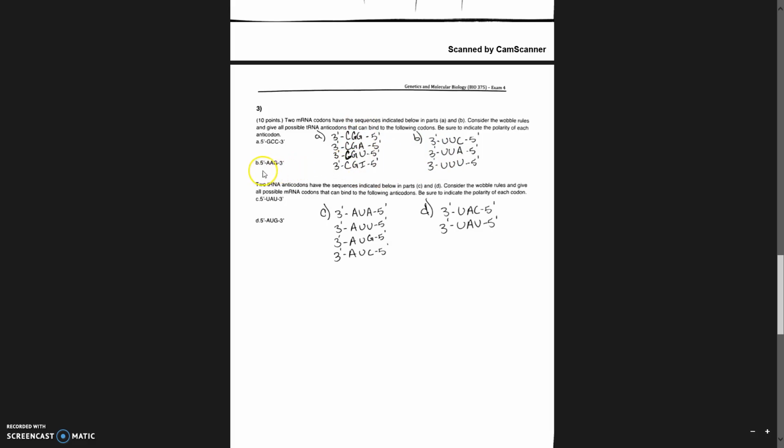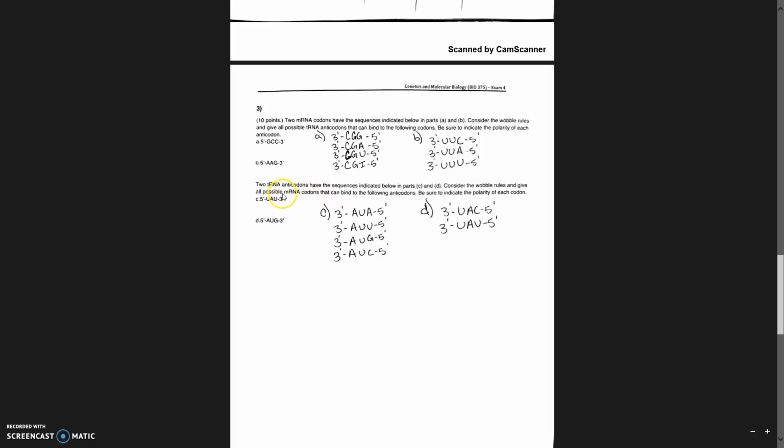And then for B, we have 5' AAG 3'. So what we're going to be looking at here is our 3' to 5' again, and your first 2 here are standard. So A's go with U's in RNA, and so we're going to see UU, and then with G is this last one, so G and C go together, and then G and A and G and U should also go together here.